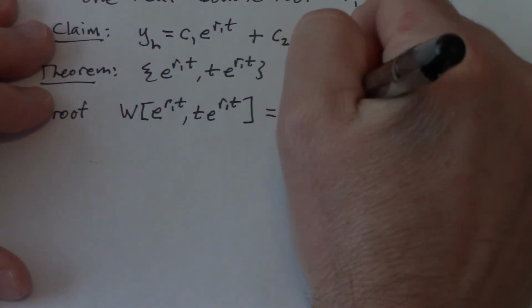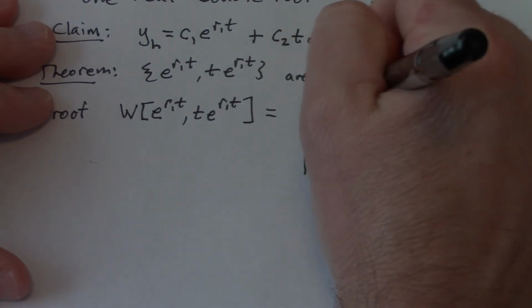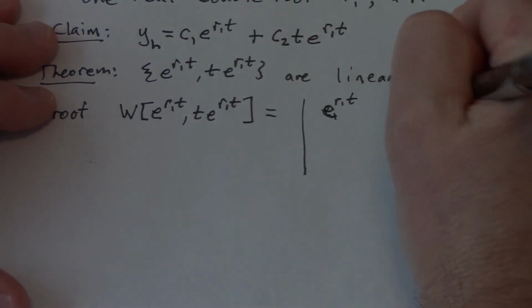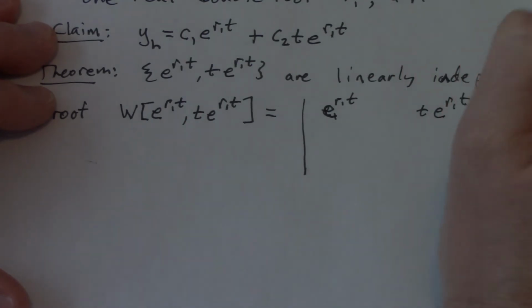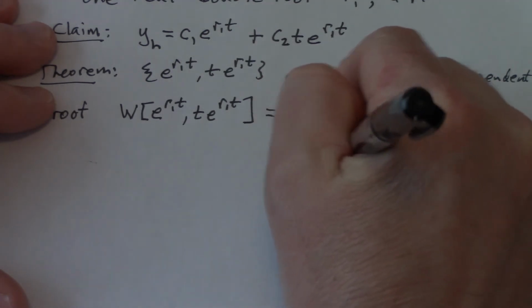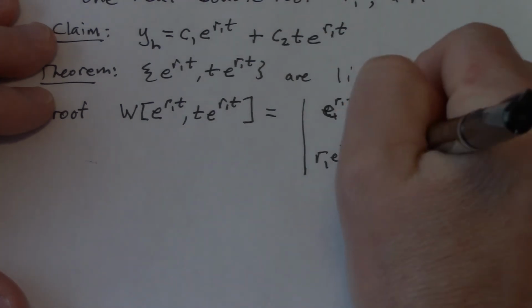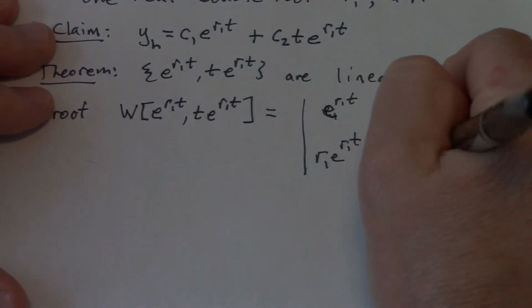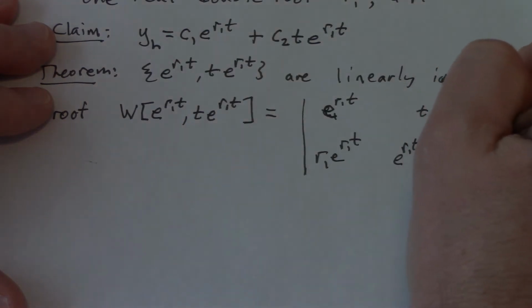So I have e to the R1t and t e to the R1t. I'm making a little bit more room because that one's going to have two terms. So we've got R1 e to the R1t, and then here we've got e to the R1t plus t R1 e to the R1t.